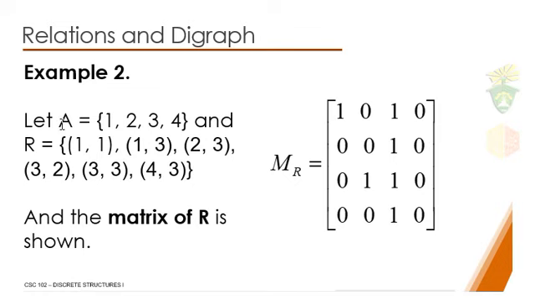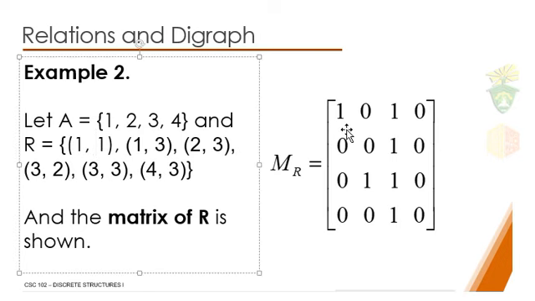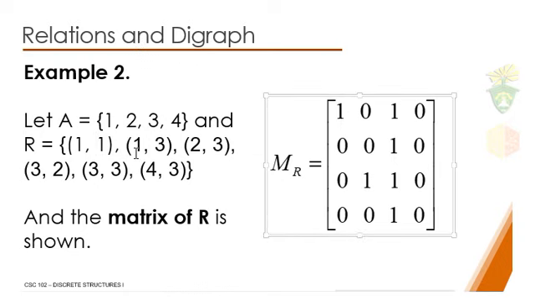We have the given set A with elements 1 through 4, and then R. Again, these 1s are placed here because they appear in the given relation. So there is a 1, 1. Its intersection is indicated with 1, since it is present in the given relation.